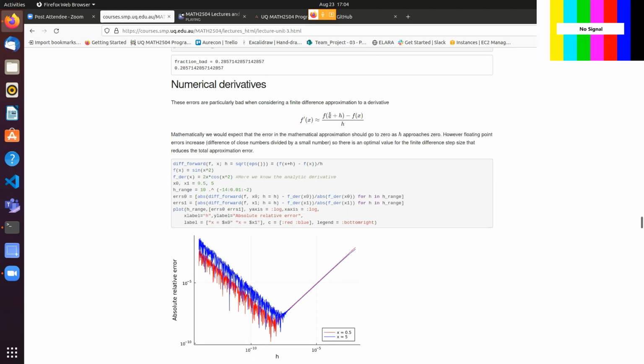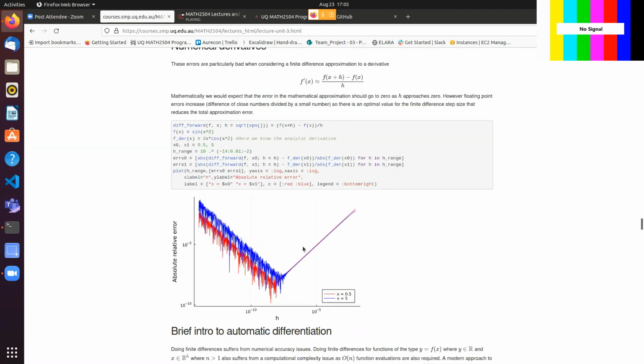Because those are really close together but big numbers, the relative error is really bad. So when you're trying to interpret question 3, this is where the problems come from. If you're over on this side, floating point errors dominate. Over on the other side is where the maths is the problem, and this is a terrible approximation to a derivative. The step is getting too big. So you expect that there's some minimum between these two bounds.